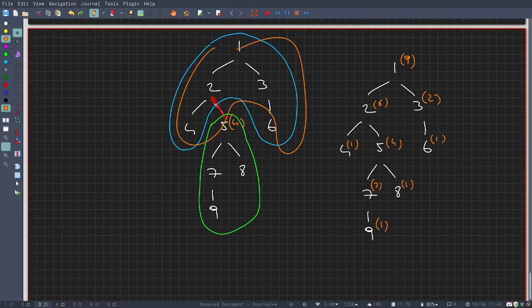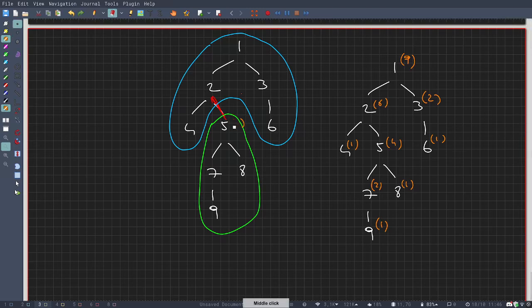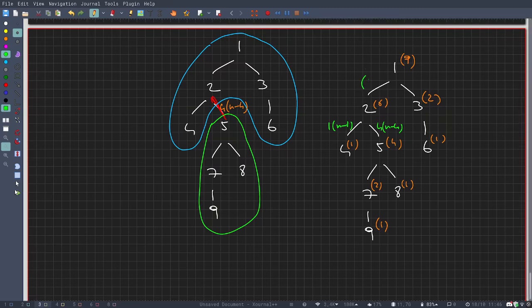So here there are n minus 4 nodes. So here we have 4 times n minus 4 paths, and we can calculate the same for all edges. We have here 4 times n minus 4, 1 times n minus 1, 6 times n minus 6, etc. Sum all these results, and it's linear.